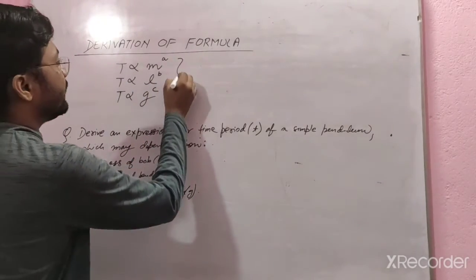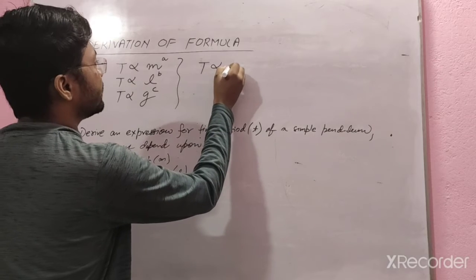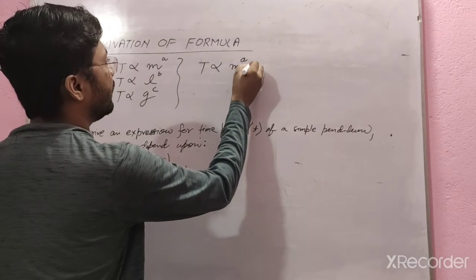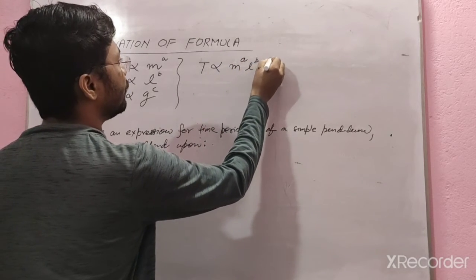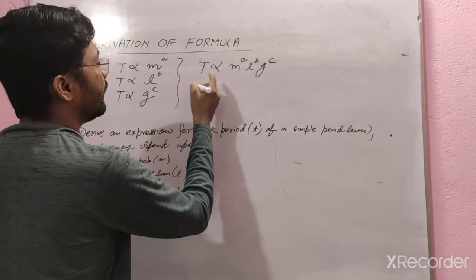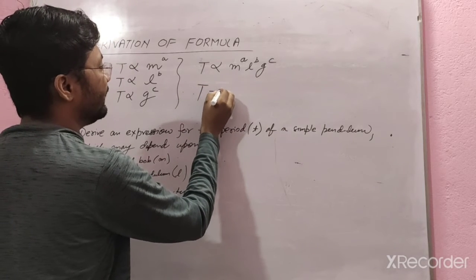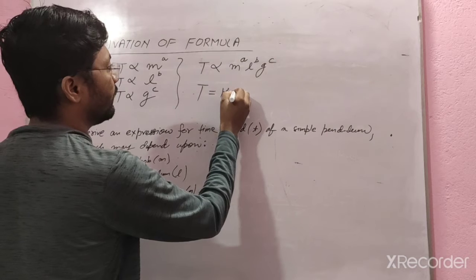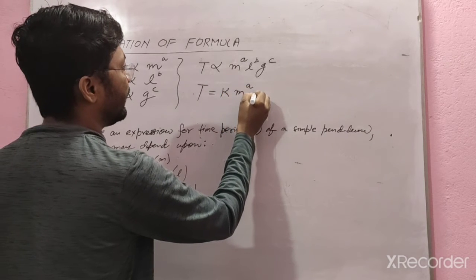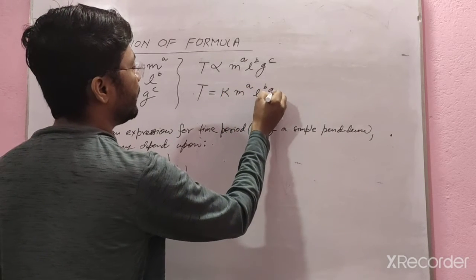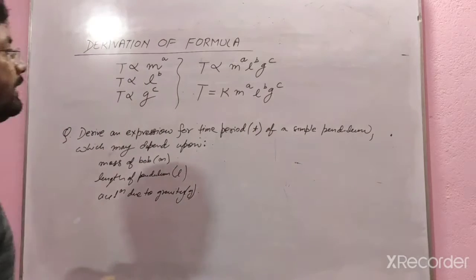Now combining these, we get T proportional to m to the power a, L to the power b, g to the power c. Removing the sign of proportionality, we get a constant k, m to the power a, L to the power b, g to the power c.